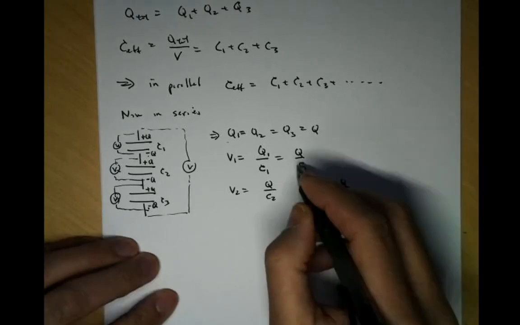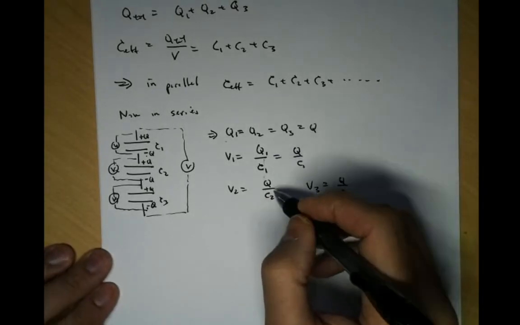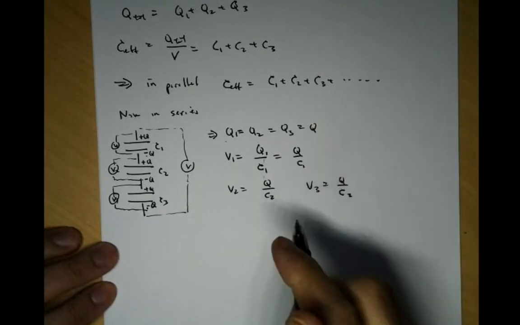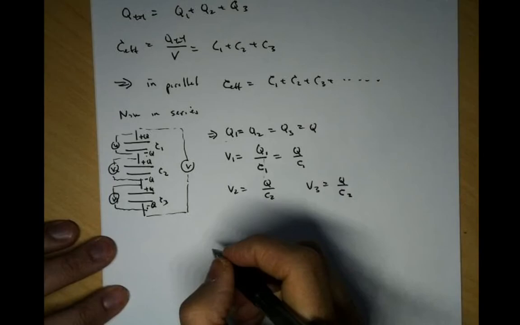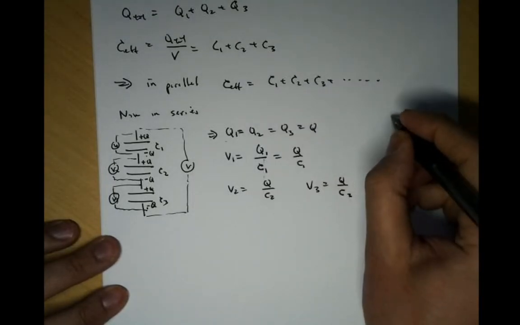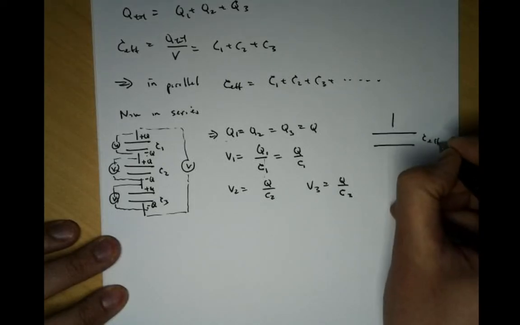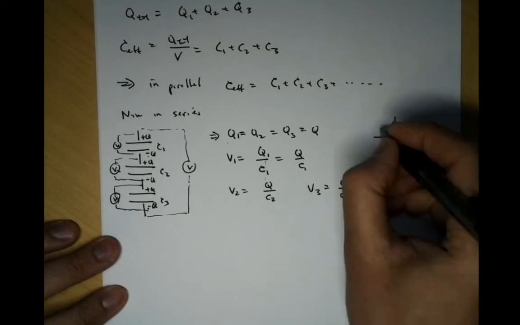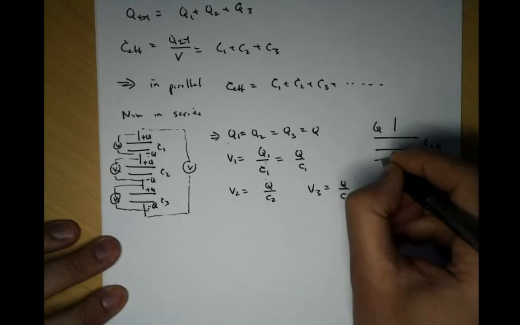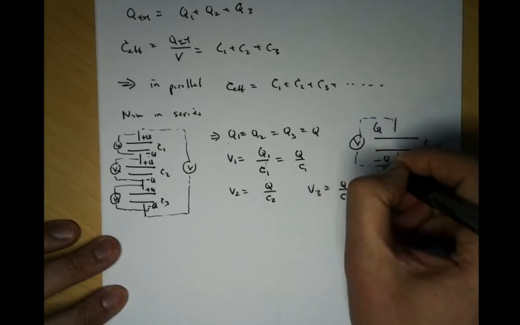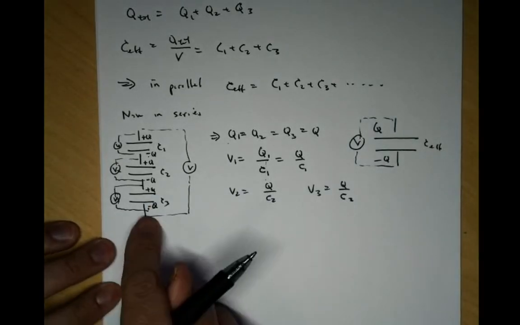So I'm dropping the fact that I'm going from 1 to 2 because all the Q's are the same. Okay, so what I know is that I can replace this with some effective thing that has some charge Q, minus Q here, and has some potential drop, which is the same as what I have in this case.